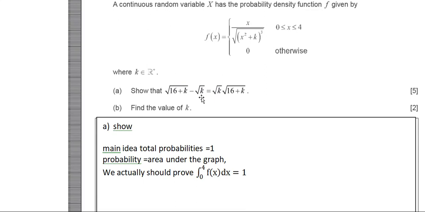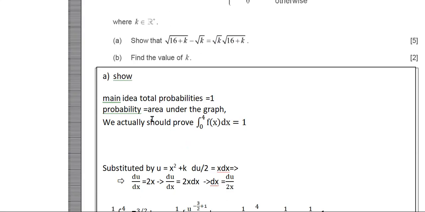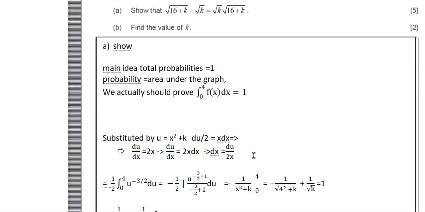We should show that this equation is true and find the value of k. Main idea, total probability equals 1. Probability is area under the graph, so we should find the definite integral of this function from 0 to 4.